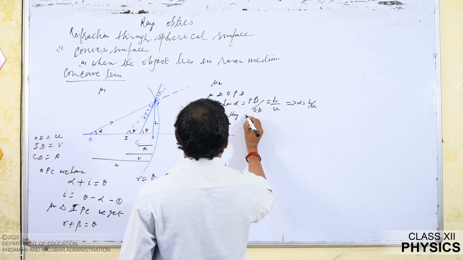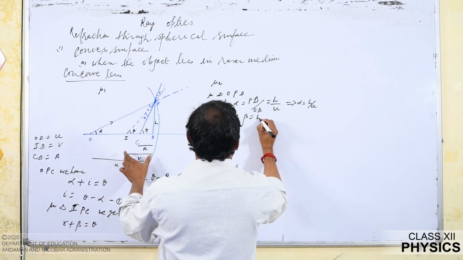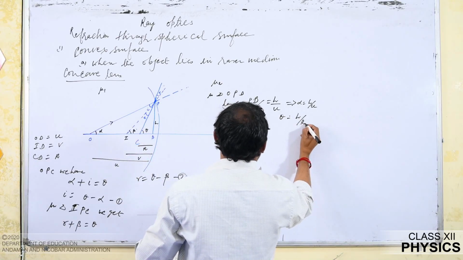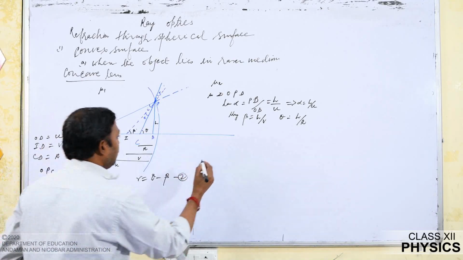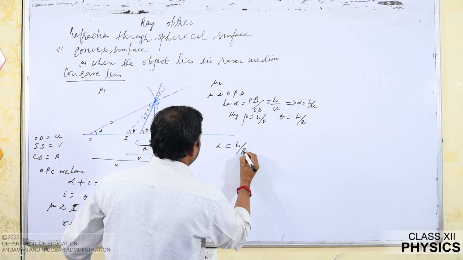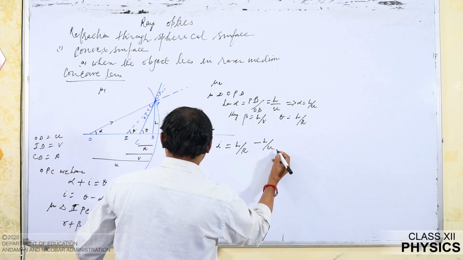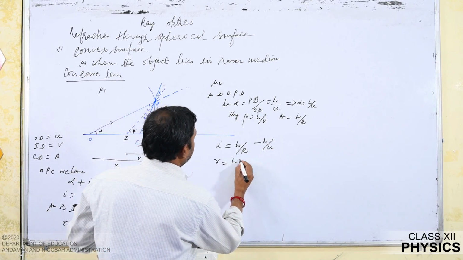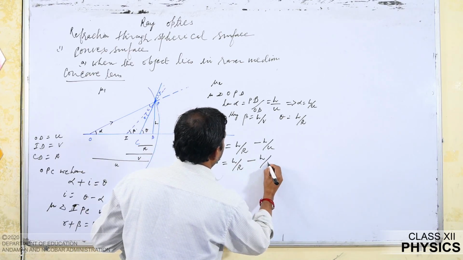Similarly, beta is equal to h by v, and then theta is equal to h by r. Substituting all these values in equations 1 and 2 gives i is equal to, in place of theta we have h by r, minus in place of alpha we have h by u. Similarly, r is equal to, in place of theta again we have h by r, and then minus value of beta, h by v.